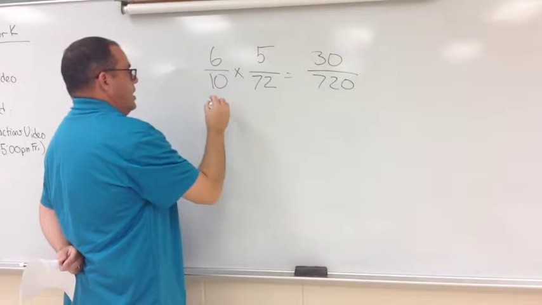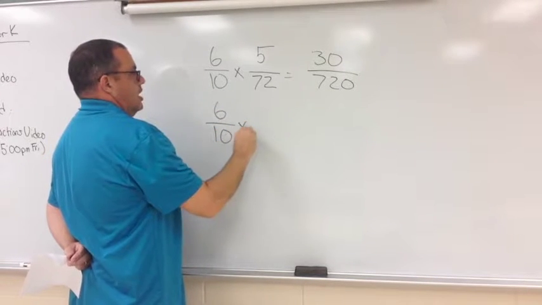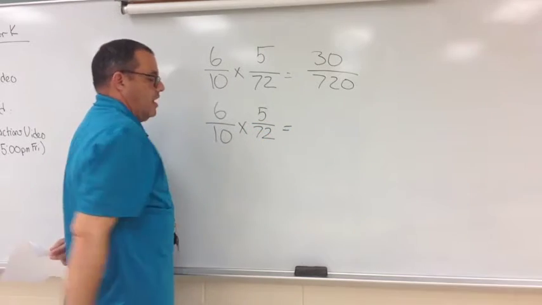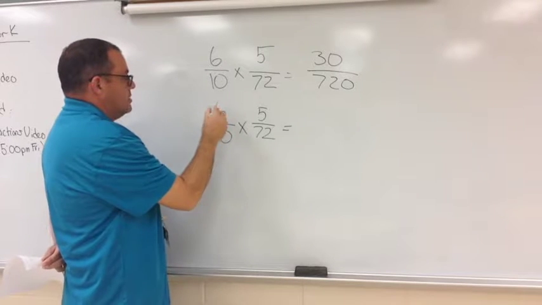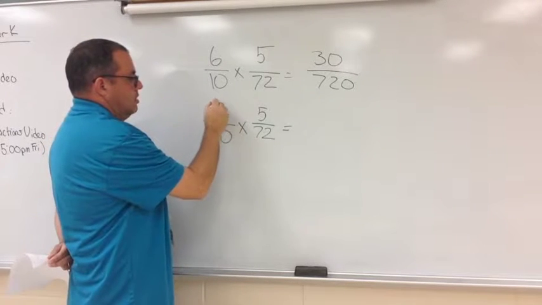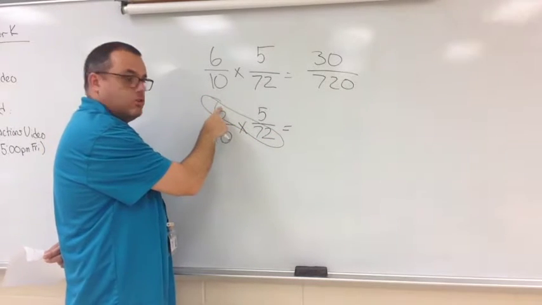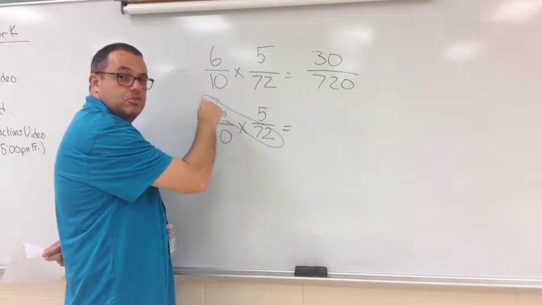So I'm going to go ahead and rewrite this. 6/10 times 5/72, okay? Now, first thing I'm going to do is I'm going to look at the numerator on the first term and the denominator on the second term. I'm cross-reducing.